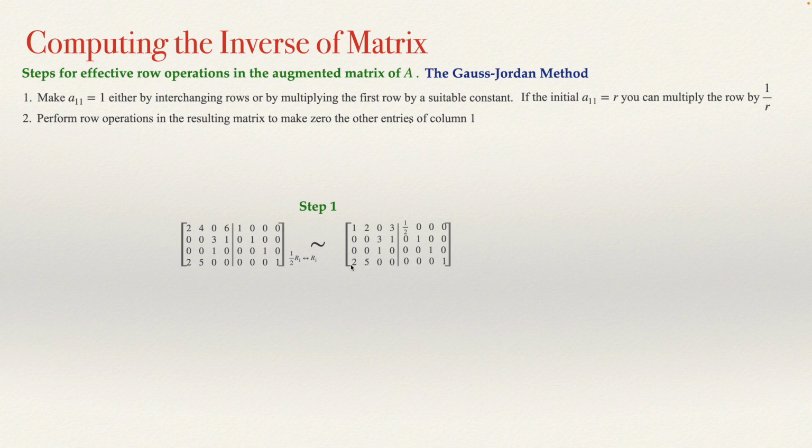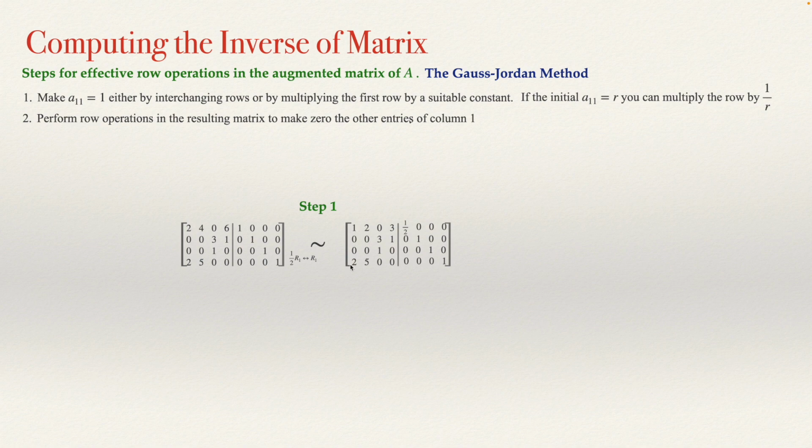If you notice that this number is R, then the row in which you want to put the 0 becomes that row minus the row that has the number 1, the first row in this case, multiplied by this number. So minus 2 times the first row. If this is 3, minus 3 times the first row. If this is minus 4, then it will be plus 4 times R1.